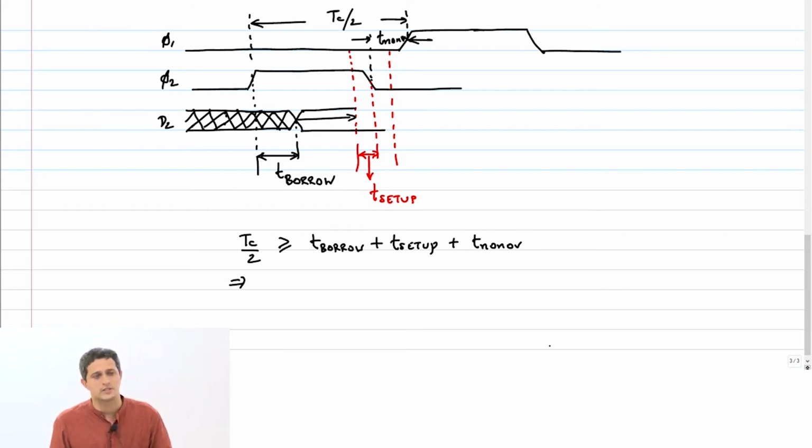Now, what happens if there is skew? If there is skew, then this clock phi 2 is going to move this way, which means that, let's say it moves all the way till here. Which means that my thing can move only up to here.